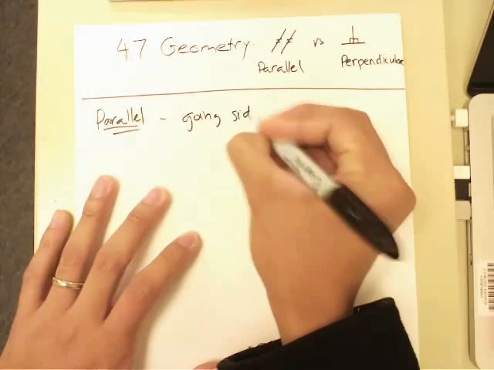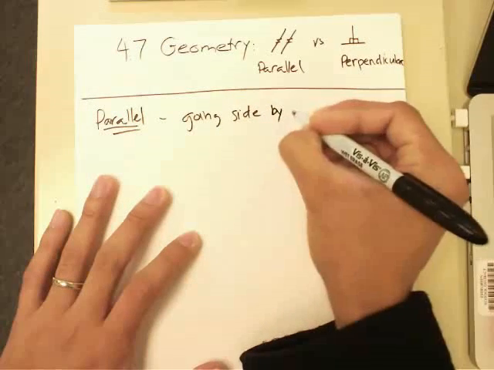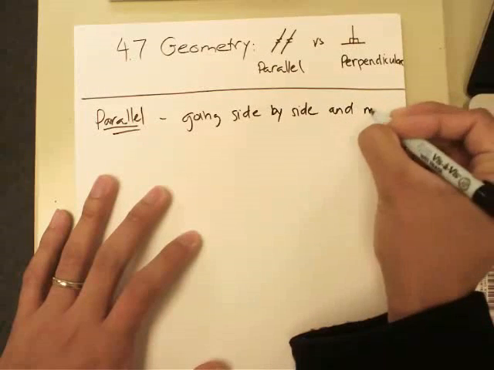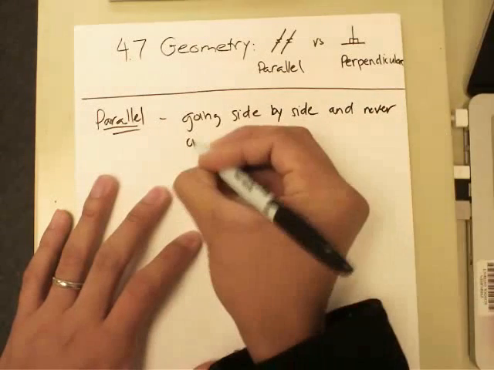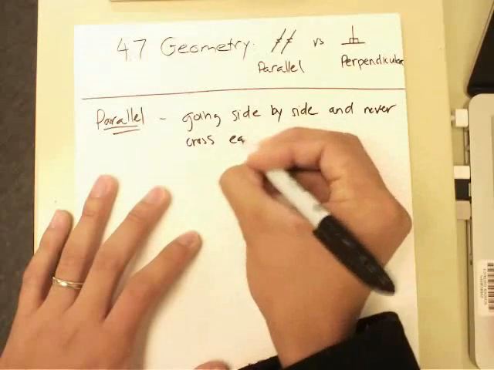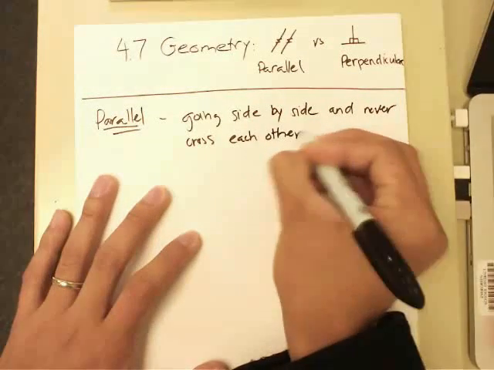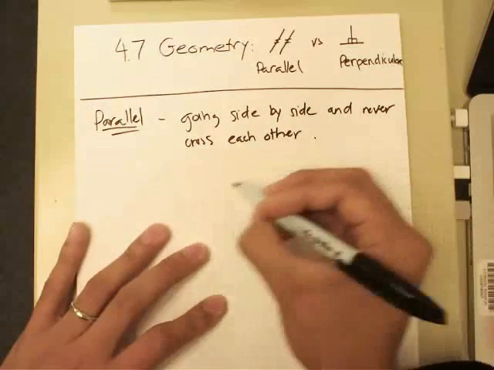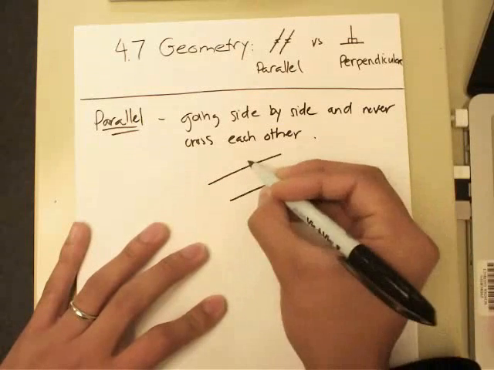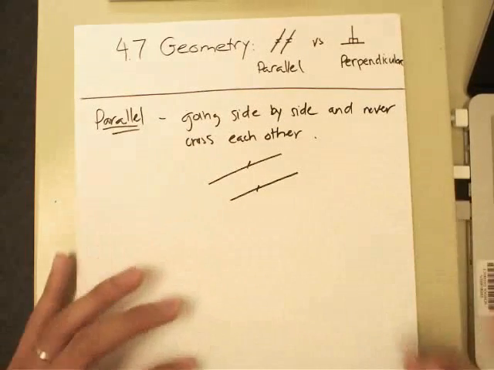Going side by side, okay, so an example of that is simply you can just draw any two lines as long as they never meet. These two are called parallel lines.